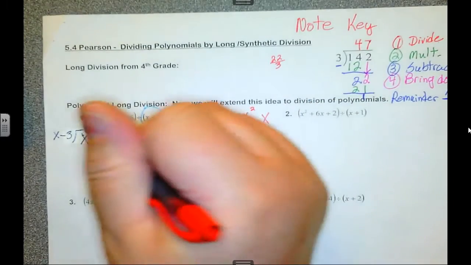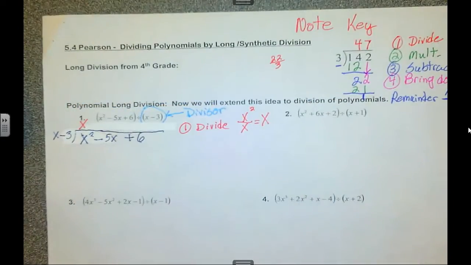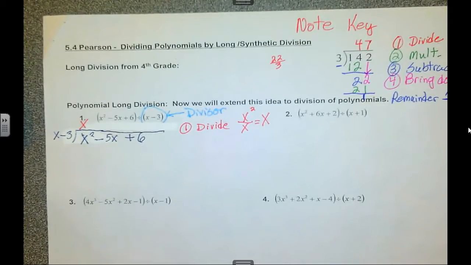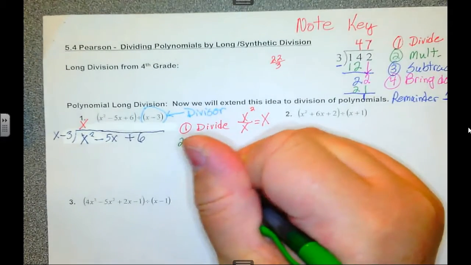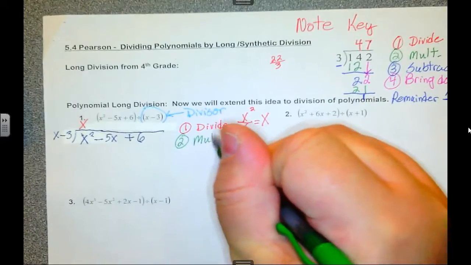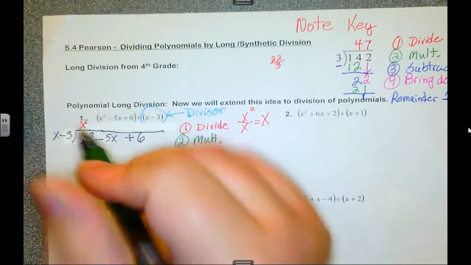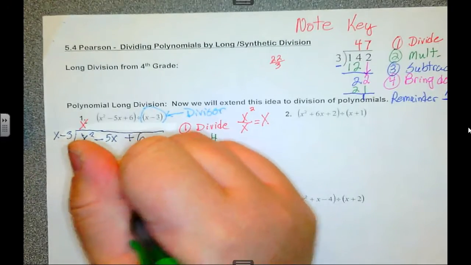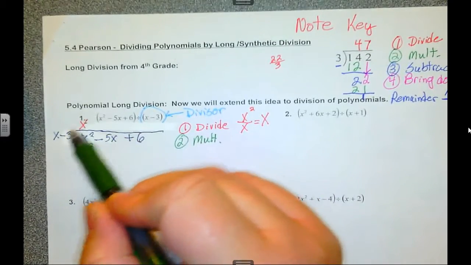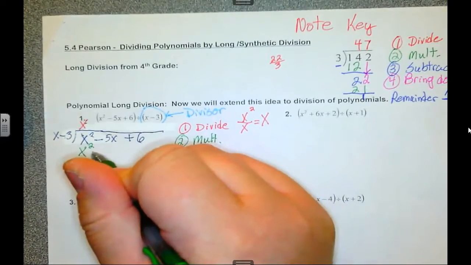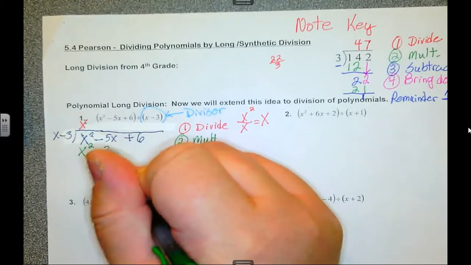X. So there's my division, x. Then step 2, I'm going to multiply. X times x is x squared. X times minus 3 is minus 3x.